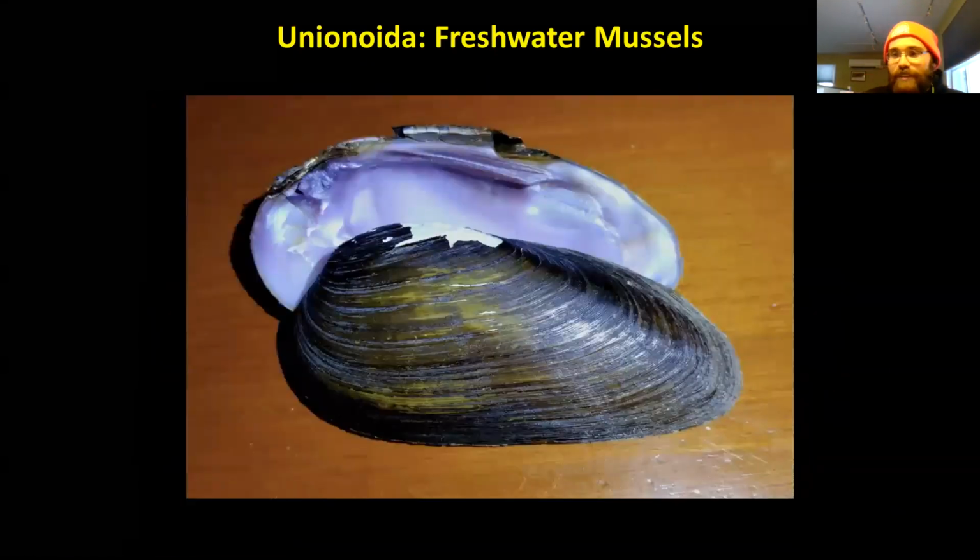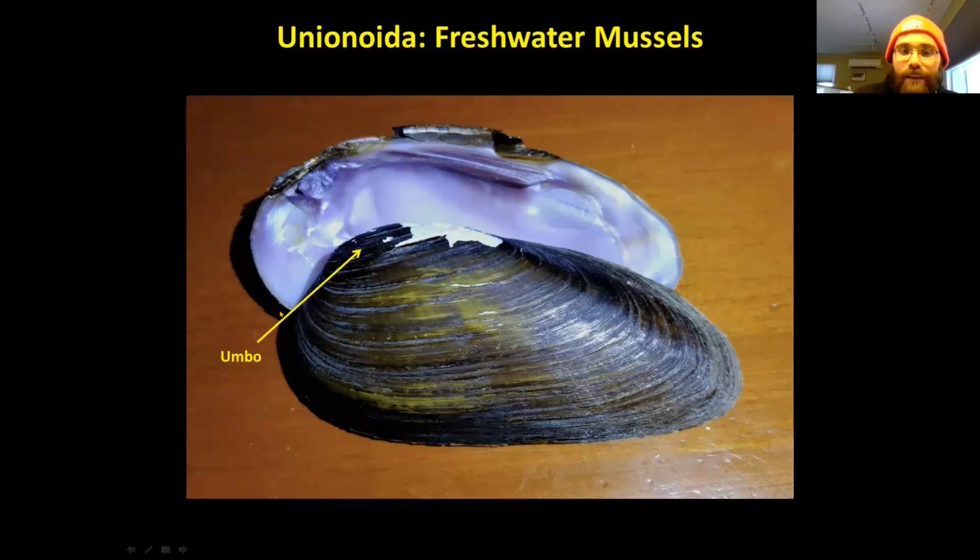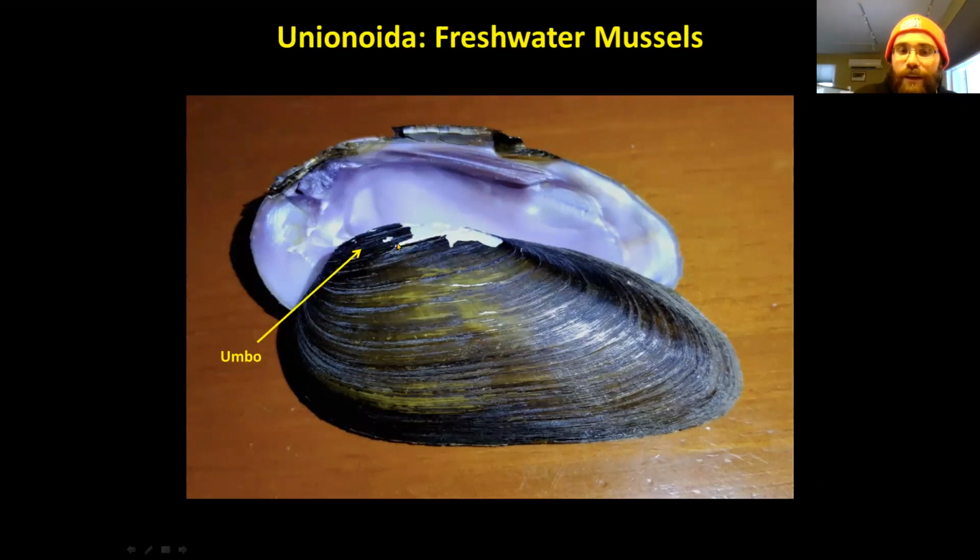So first, let's familiarize ourselves with the freshwater mussel. Starting off, we have the umbo, or the beak. This is where everything comes up and rounds up on the freshwater mussel up here. And you can see this is the inside portion, where the umbo would be.